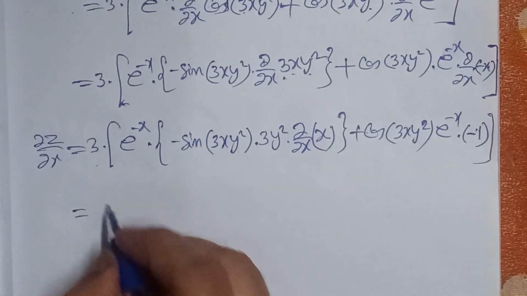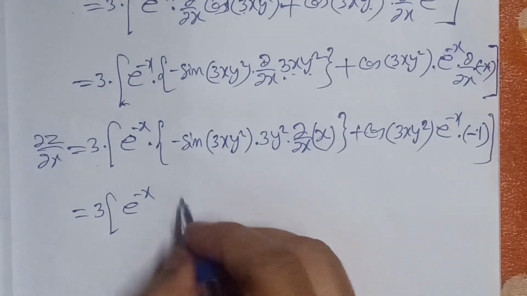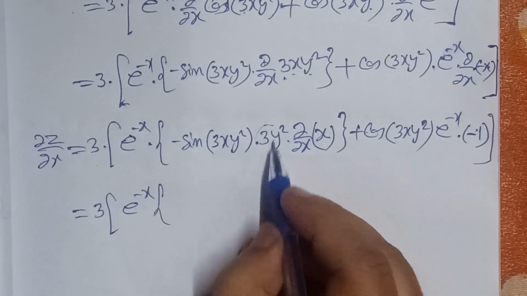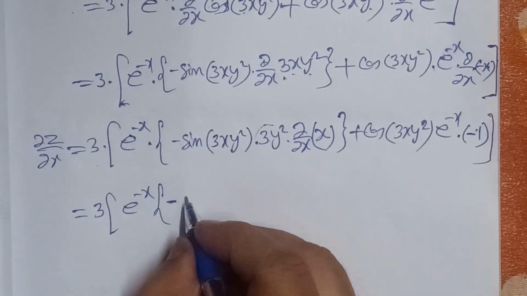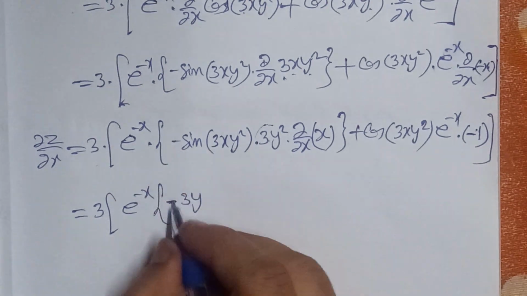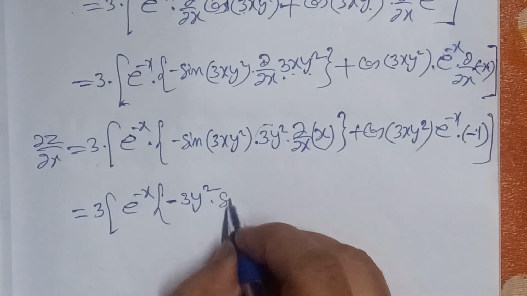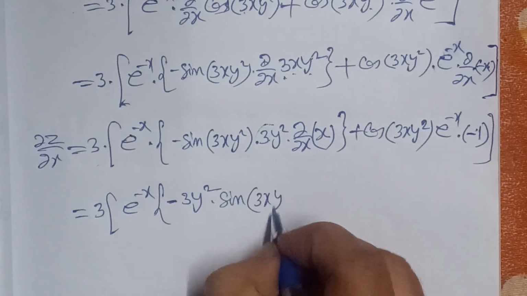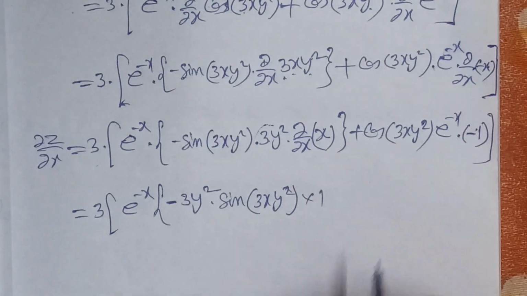In the next step we write 3e^(-x). We can write 3y² in the beginning, with the minus already here, so I write minus 3y² into sine of 3xy², and differentiation of x with respect to x partially is 1.